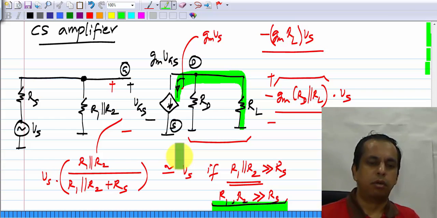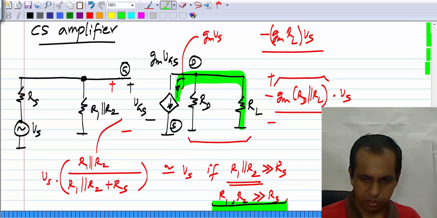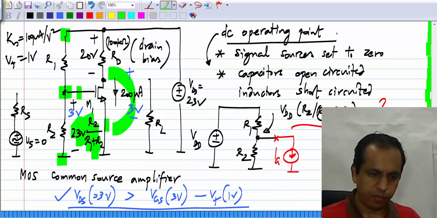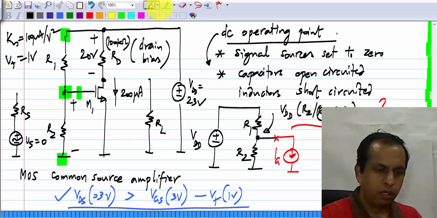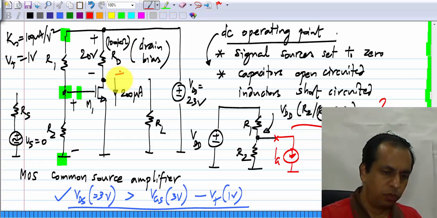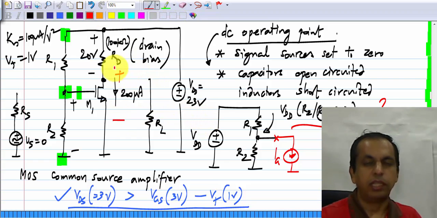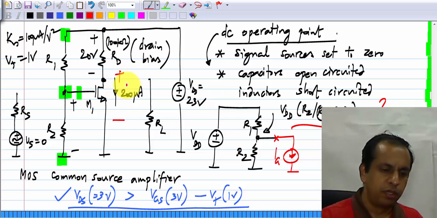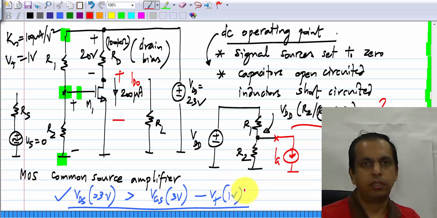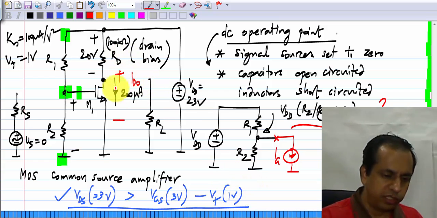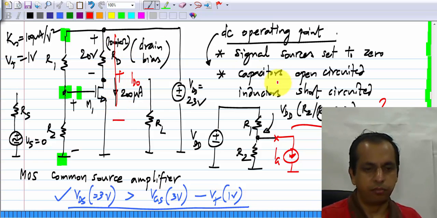But what does this do? If you make RD very large, let us go back to the full circuit. Here we are calculating the operating point. We know that the voltage across this, what is it? Let us assume that the transistor is in saturation. So, it is carrying a current 200 microamperes, in general some ID0, and in the operating point condition that ID0 will flow through RD.